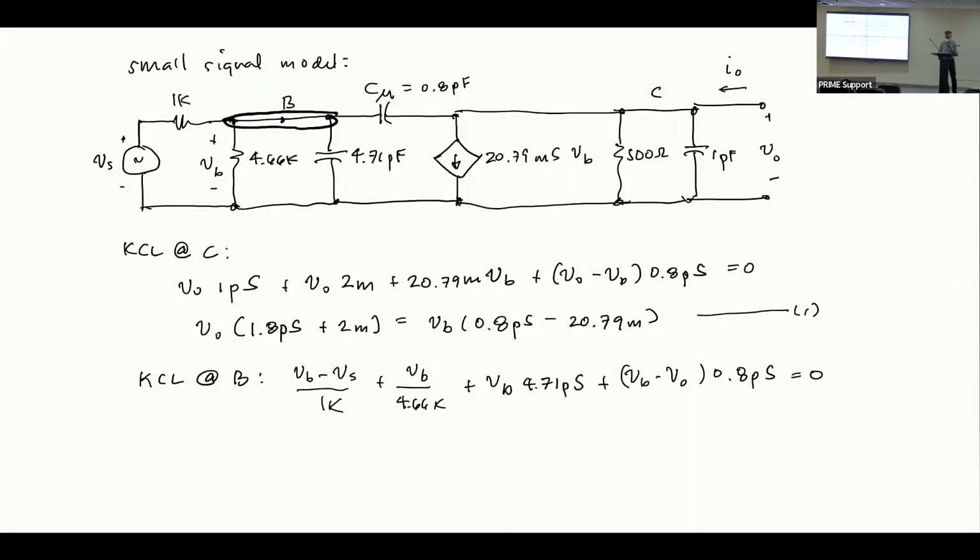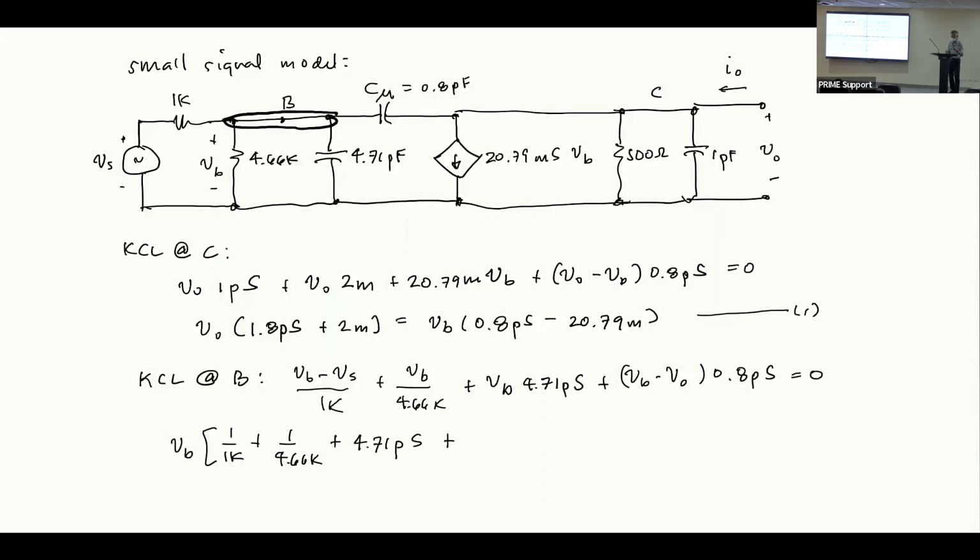Okay? Let me again try to simplify this. So let me separate the different terms. First, I have V sub B times 1 over 1K plus 1 over 4.66K plus 4.71 PS, plus 0.8 PS.